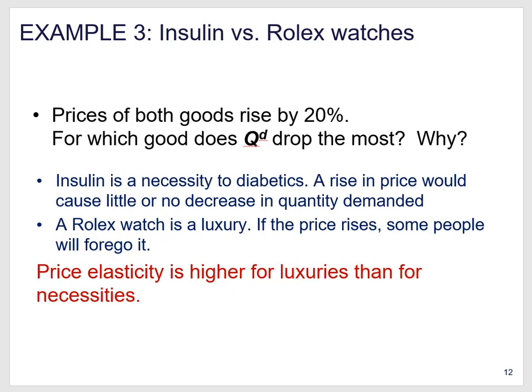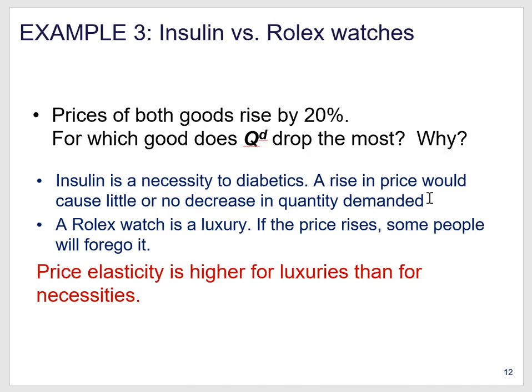And let's take another example with insulin and Rolex watches. Again, we assume that the price of both goods rises by 20%, and again, for which good does the quantity demanded drop the most, and why? Insulin is a necessity, and it's a life-saving drug. So even if there is a 20% price rise in insulin, the demand doesn't decline.